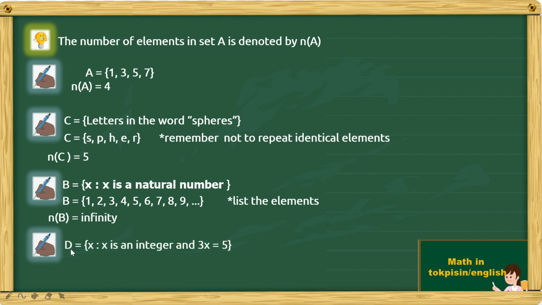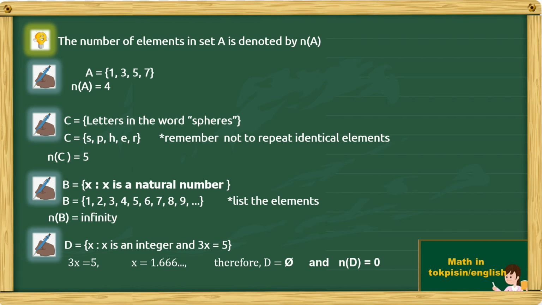Let's take the last example. Now D is equal to the set of x such that x is an integer and 3x is equal to 5. First of all, we need to solve this equation and see if x is an integer. If we solve this equation, we will have 3x is equal to 5 and x is equal to 1.666 recurring.